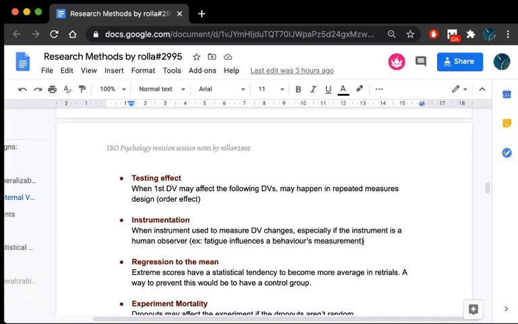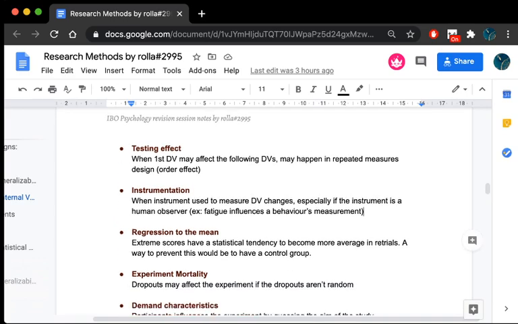They have beliefs about their result, and that might affect their next result.